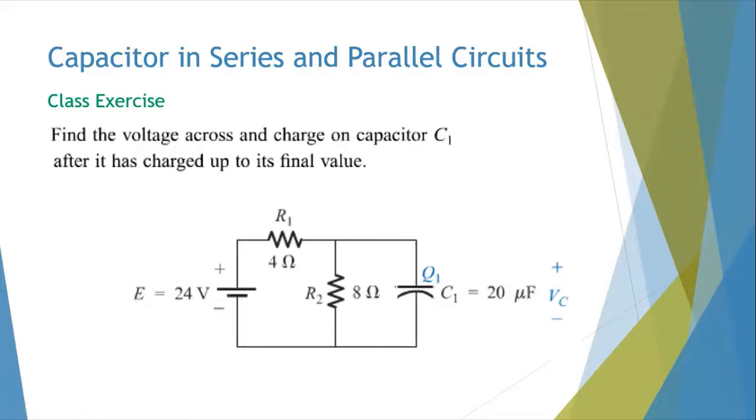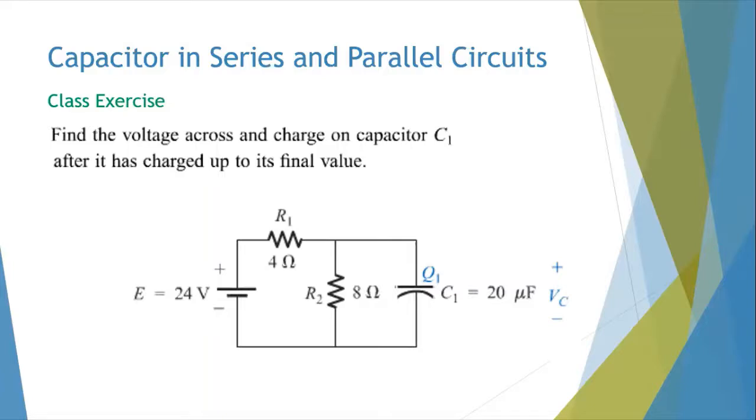But as long as the capacitor is still charging, what will charge the capacitor? Is it current? So as long as the capacitor is still charging up, current will flow through it. That's important. But when the capacitor has reached its final value, current will no more be flowing into it because it has reached its final value. It is in steady state.